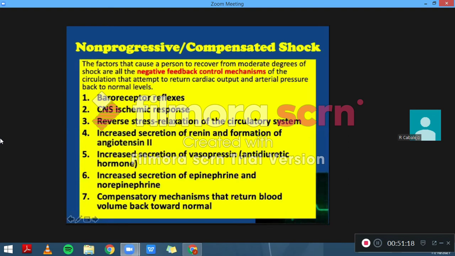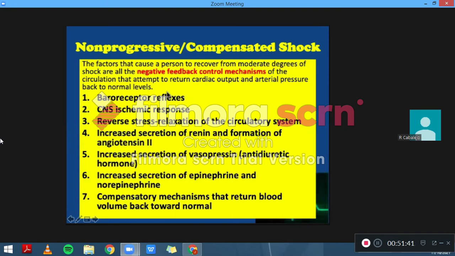For the non-progressive compensated shock, the factors that cause a person to recover from moderate degrees of shock are all negative feedback control mechanisms of your circulation that attempt to return cardiac output and arterial pressure back to normal levels. So these are the following. We've mentioned most of them already, basically all.